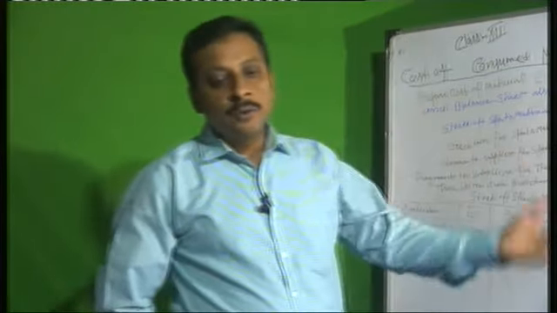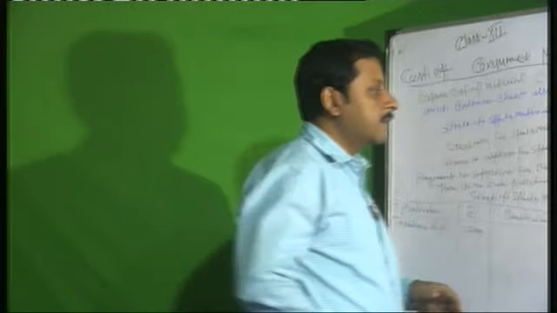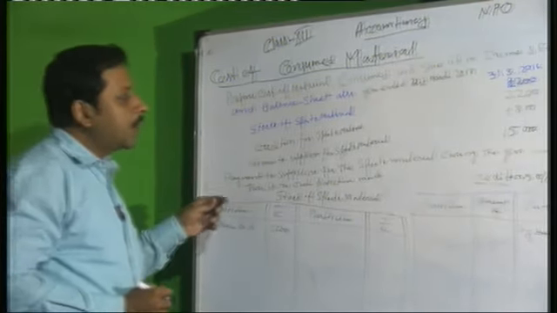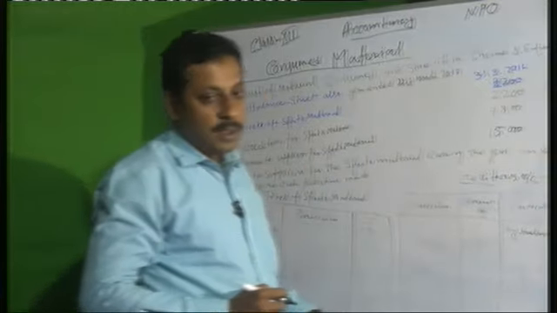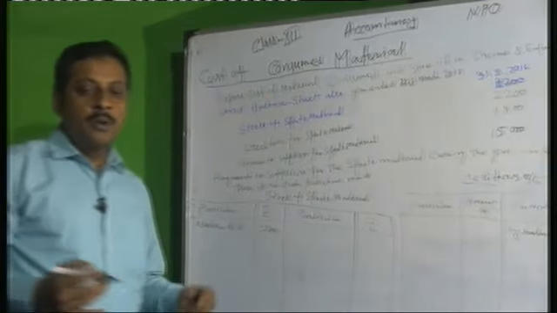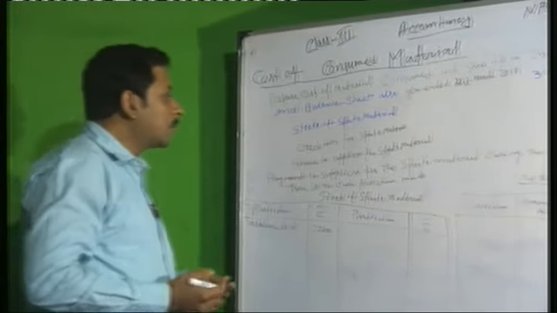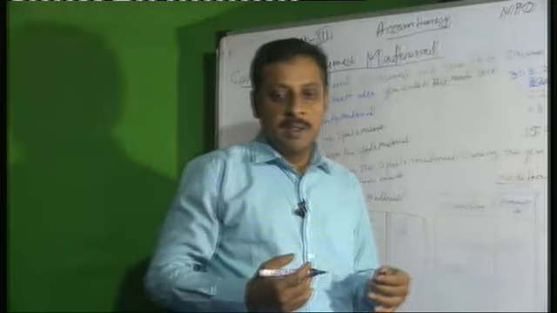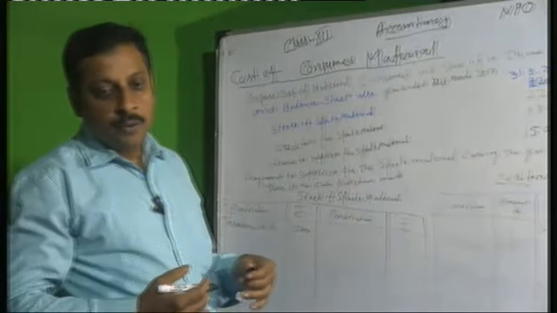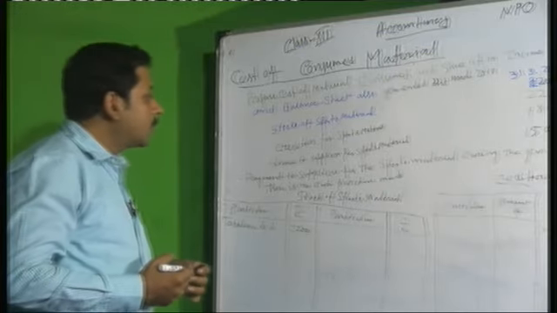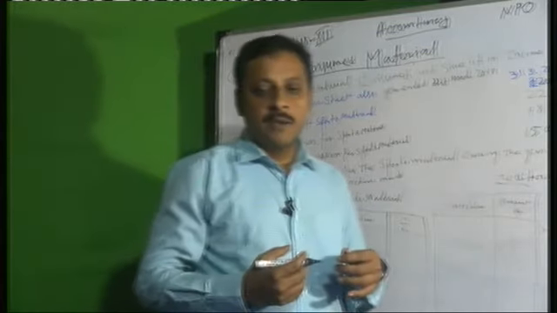But from your point of view, you advance to somebody. Suppliers are creditors, but you have made an advance to them. That means the stock has not come to you, and anytime you can ask them to give back your money, since you have not received your stock.